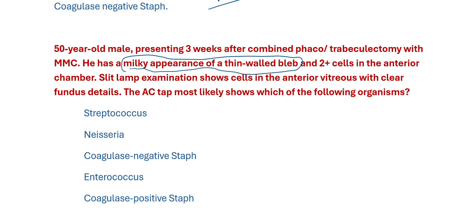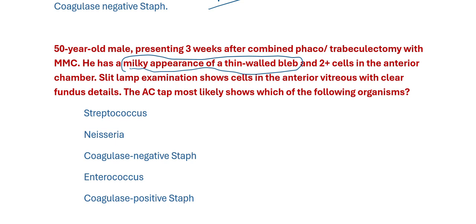So endophthalmitis after the cataract surgery is most likely caused by coagulase negative staph, which is staph epidermidis. But is it the same in blebitis? This is a question.